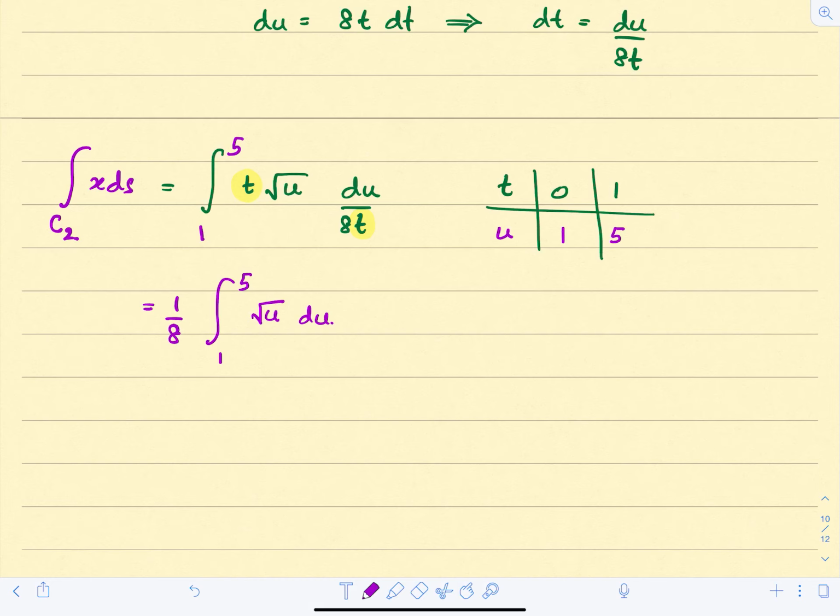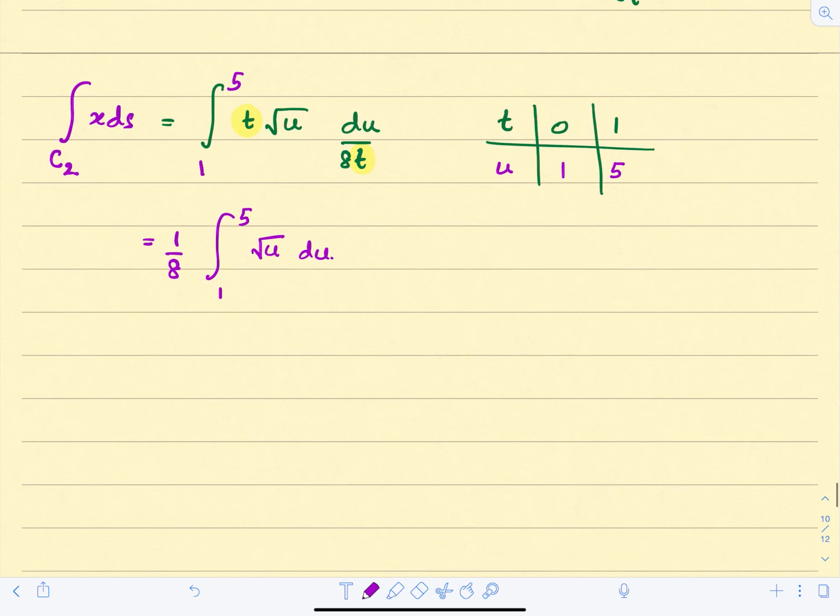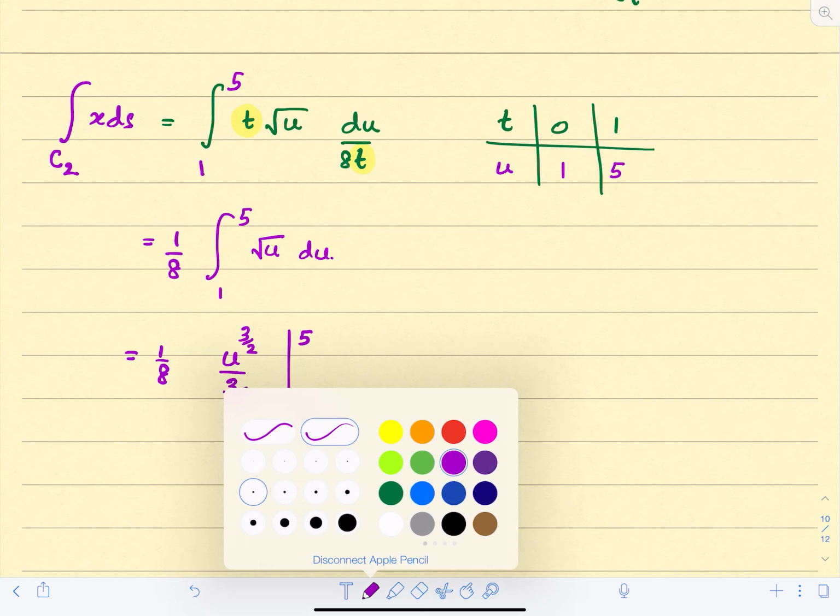The integral of the square root of u is u to the power 3 half over 3 half, with lower limit 1 and upper limit 5. I hope you all know how to integrate the square root of u.